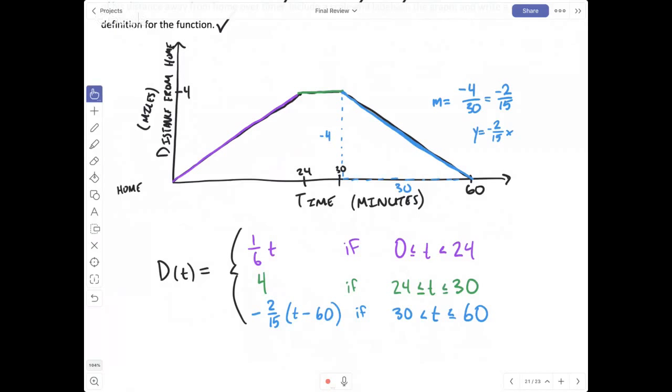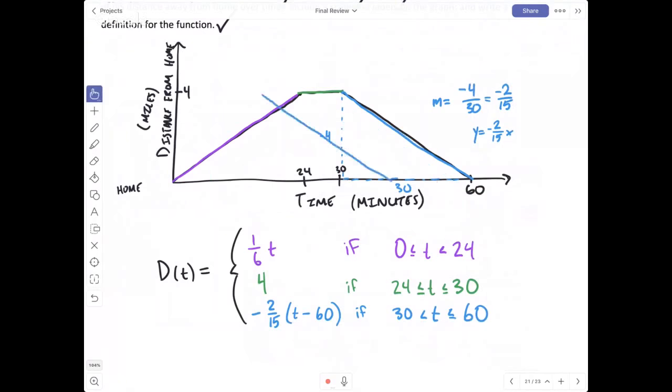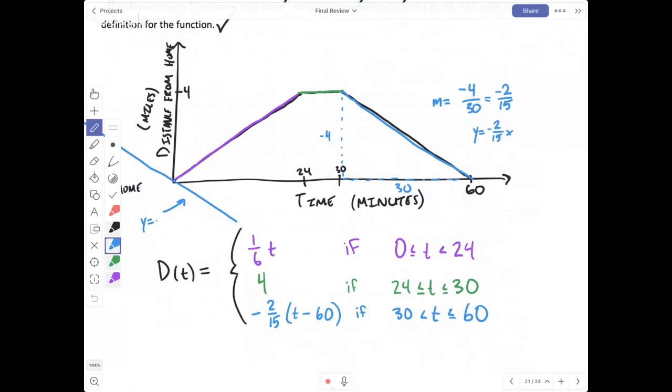It would instead be this line here. y equals negative 2/15 x. Well, I don't want to graph that line there. If I graph this line here, then by the time I get to 30 to 60, it'll be way down there.